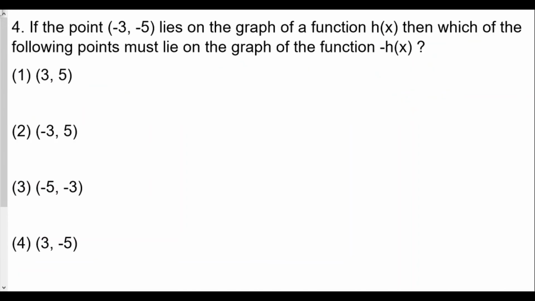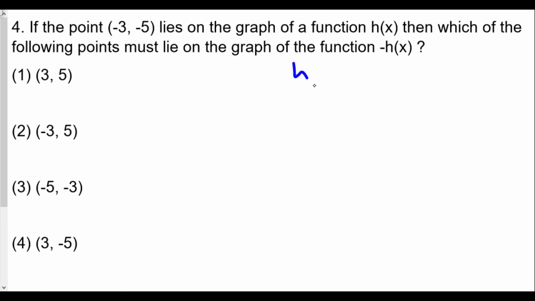Question number 4. If the point negative 3 comma negative 5 lies on the graph of the function h of x, then which of the following points must lie on the function negative h of x?